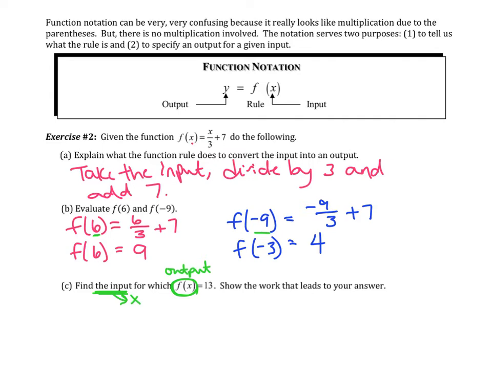So they're telling us that the output is 13 and asking us to solve for the input. So when I take f of x equals x over 3 plus 7, I'm not replacing the x with my 13, I'm replacing f of x with 13. So 13 equals x divided by 3 plus 7.